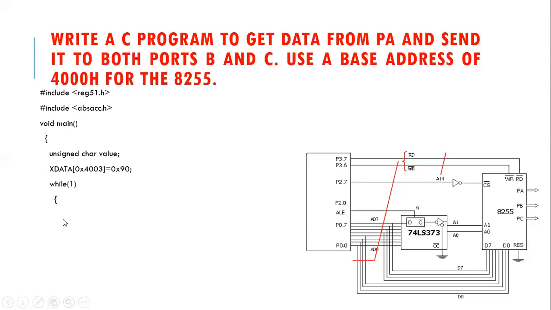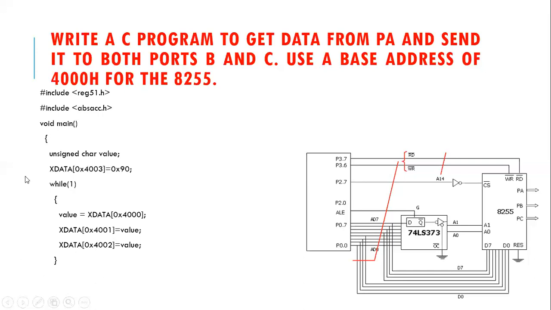Then we take the value. 400H is the address of port A. From here the value will be taken into the value variable, and from the value variable it will be given to port B, and also to port C. So 400H points to port A, 4001 points to port B, and 4002 points to port C. Good.